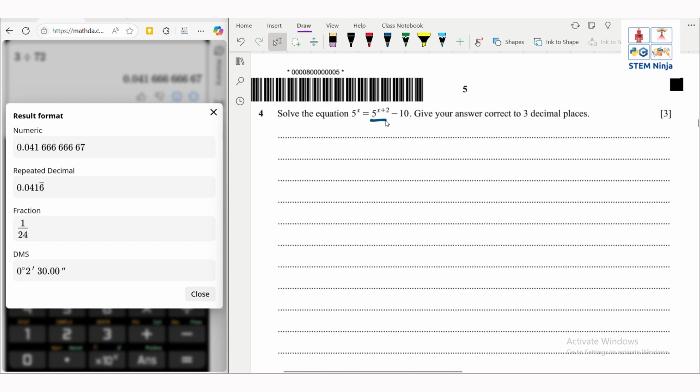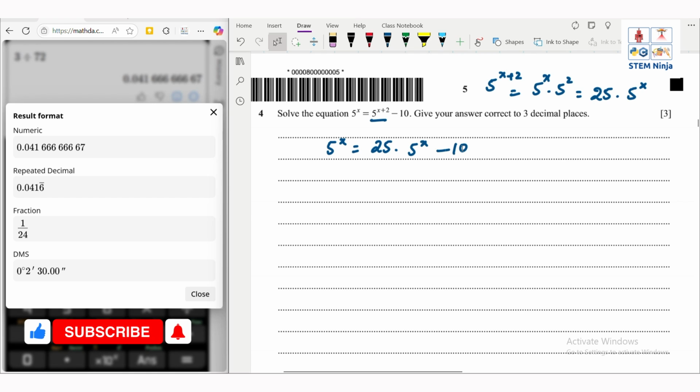All right, so if you notice over here, 5 to the power x plus 2, if you remember the indices rule, we can write it like this, making it into 25 times 5 raised to the power x. So this becomes 5 raised to the power x equals 25 times 5 raised to the power x minus 10.